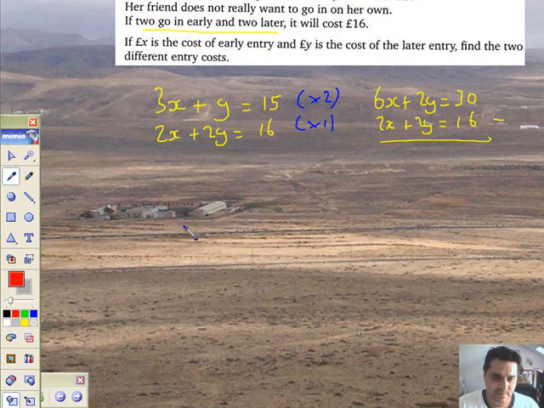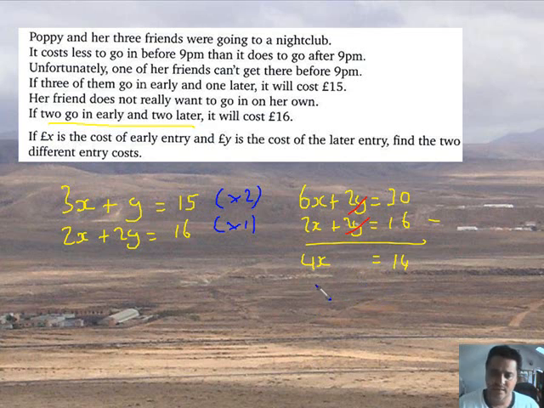If I subtract, the 2 y's have gone. 6x take away 2x is 4x, 30 take away 16 is 14. So divide by 4, I've got 14 quid divided by 4. Ask the calculator quickly. That is 3.5. It's £3.50.